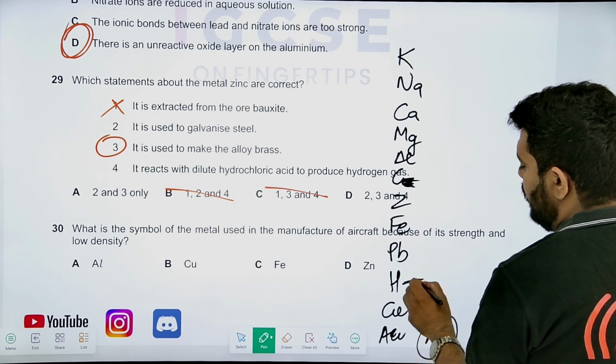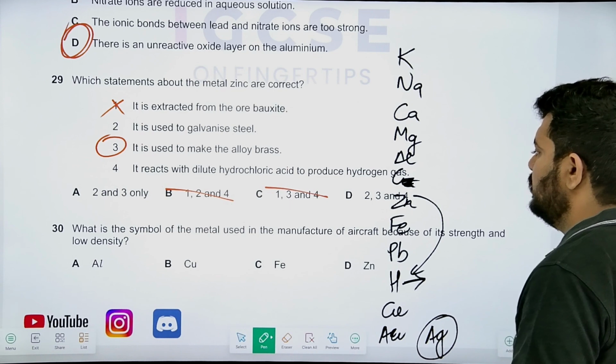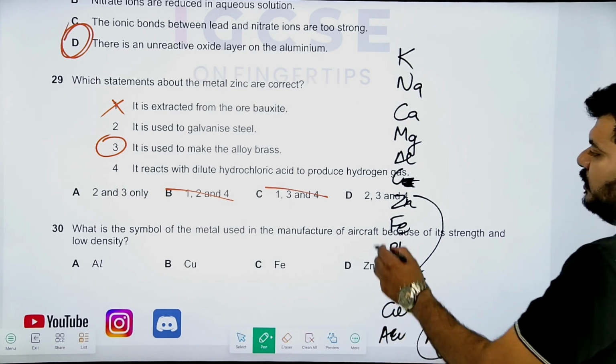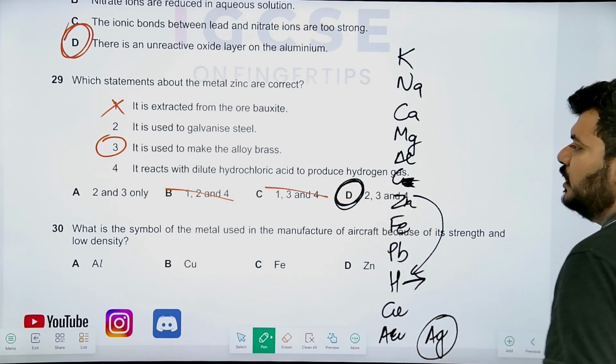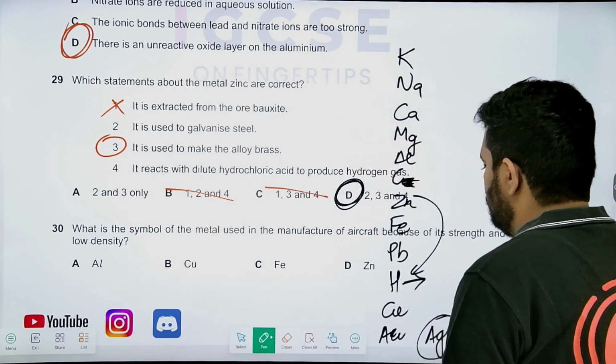Okay, so hydrogen is below zinc, right? So zinc should form this particular reaction. So D is your correct answer, right?